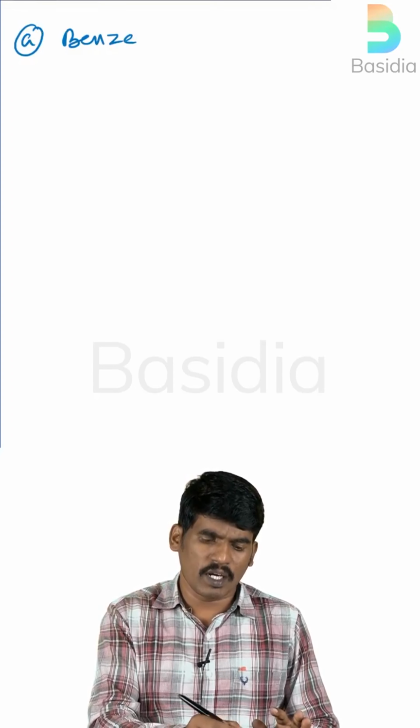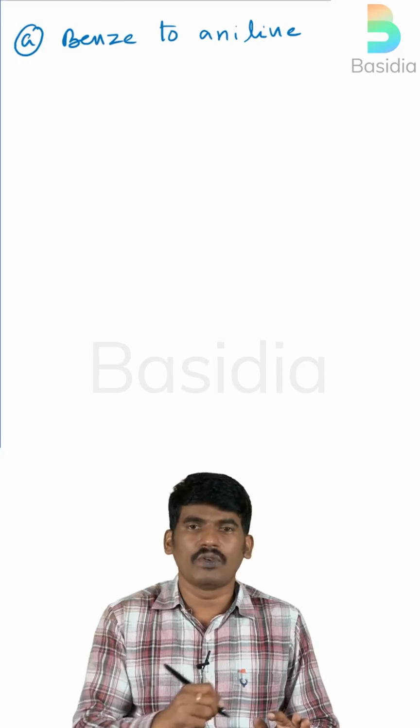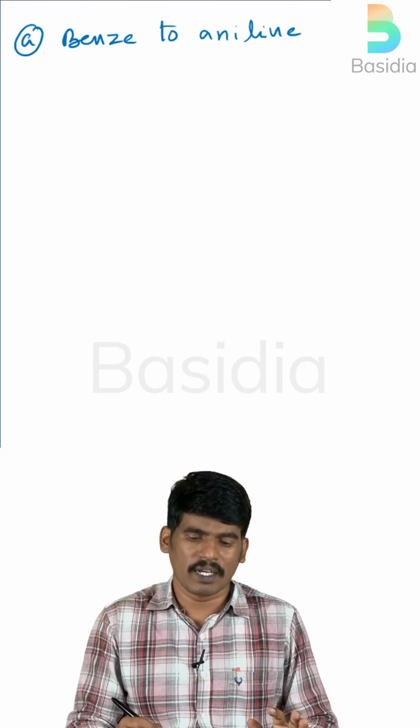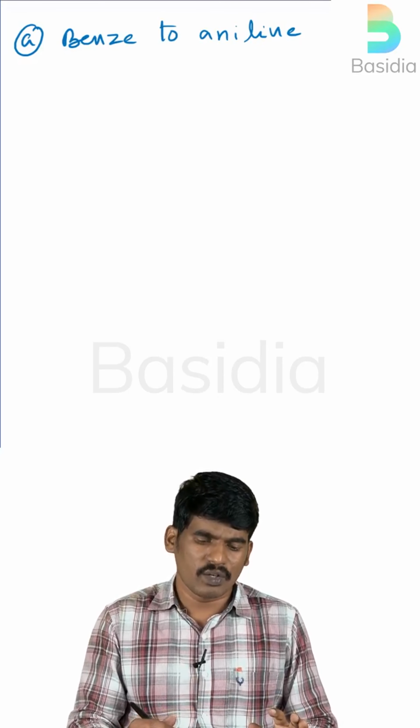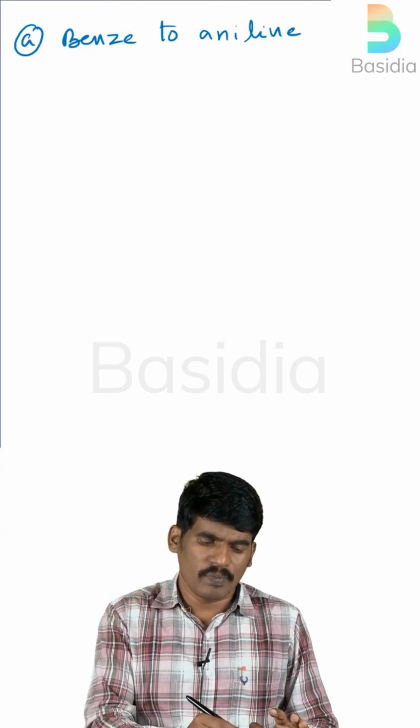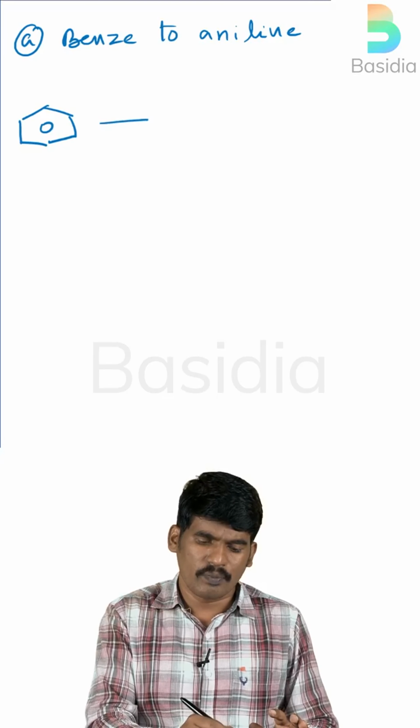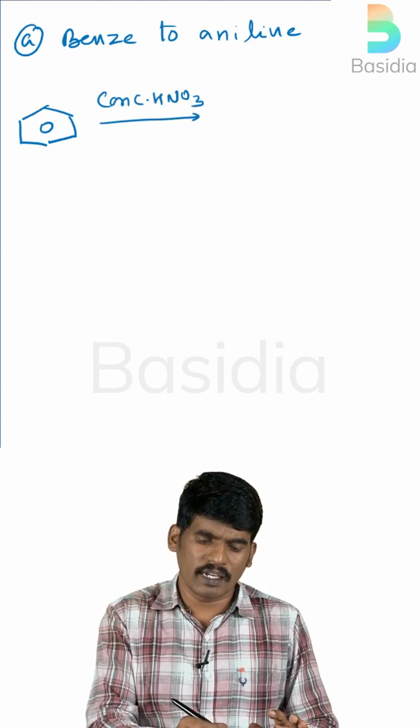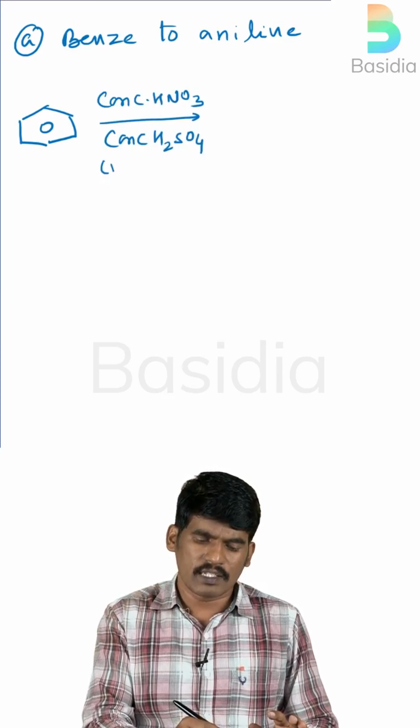How do you convert benzene to aniline? Aniline is an aromatic amine. So benzene is reacting with concentrated nitric acid and concentrated sulfuric acid. This reaction is called nitration.